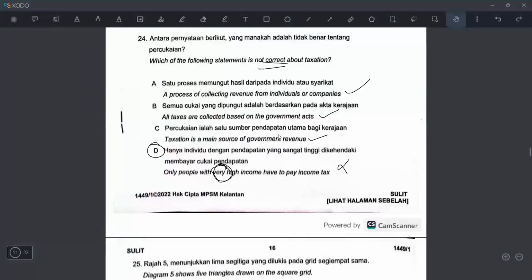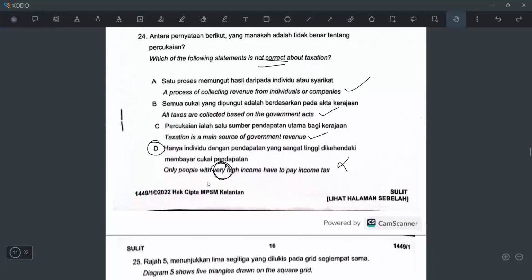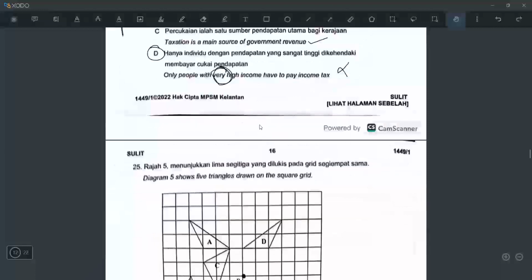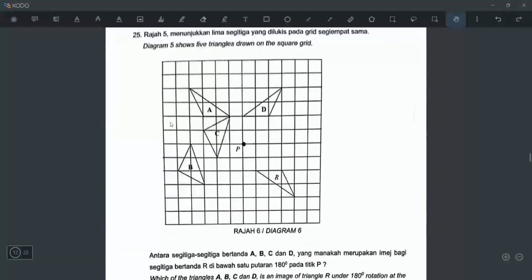It's just that if your salary is 0 to 5,000, you don't have to pay, but above 5,000, all have to pay. But they use the word very high income, so that's why I think D is not correct. They ask which one is not correct, so yep, that's the answer.